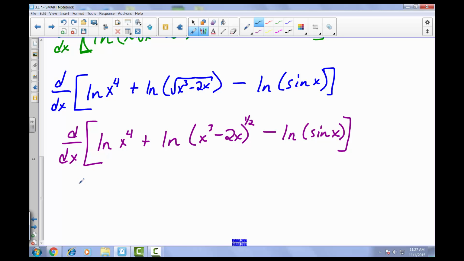Now let's go ahead and use our power property with logs. So essentially we're going to be taking these exponents and throwing them down in front of our natural log function.